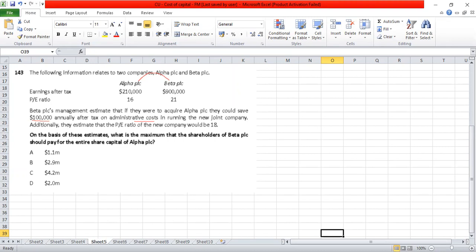So here they are looking at a benefit in terms of their annual cost of 100,000. So that's a benefit.